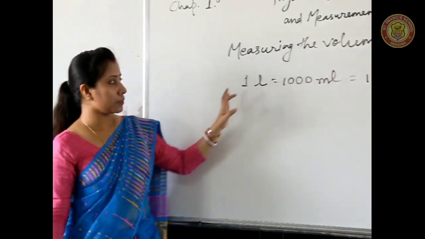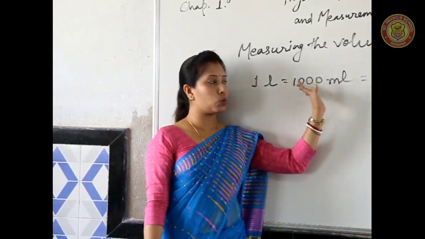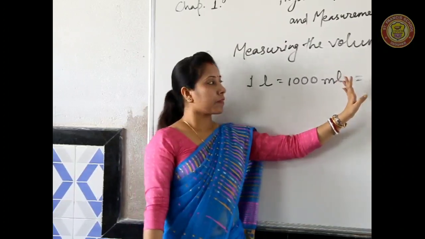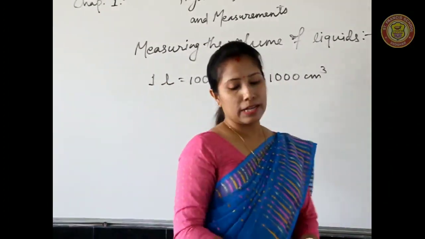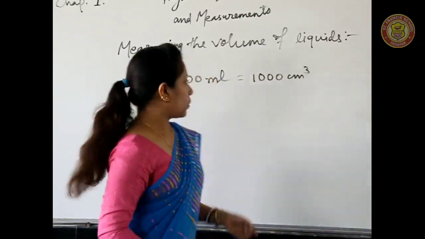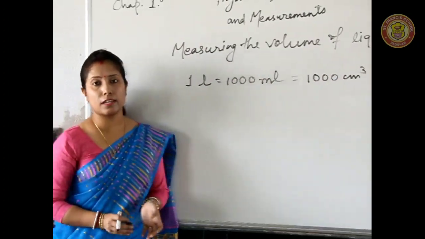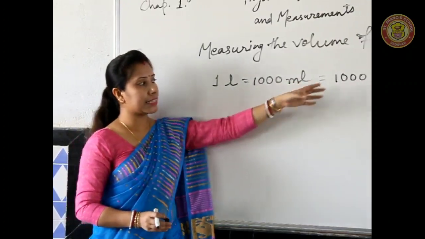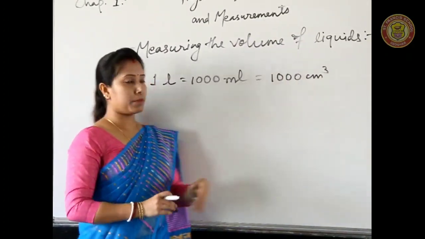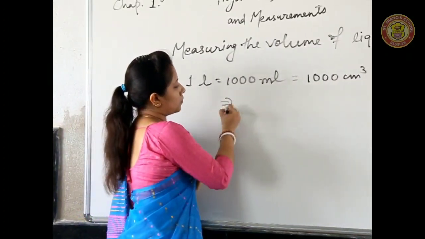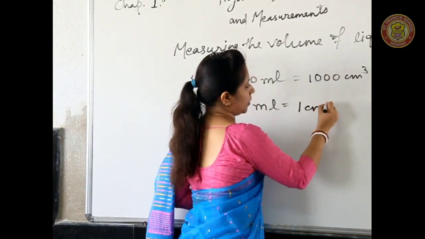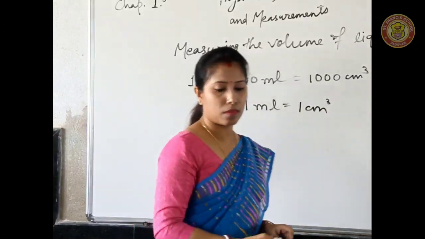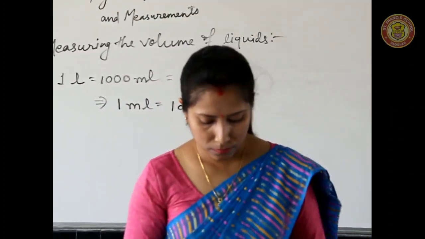So what is the relation? 1 liter equals 1000 milliliters, which also equals 1000 cubic centimeters. From here we can find the relationship between milliliter and cubic centimeter. So 1 milliliter equals 1 centimeter cube.